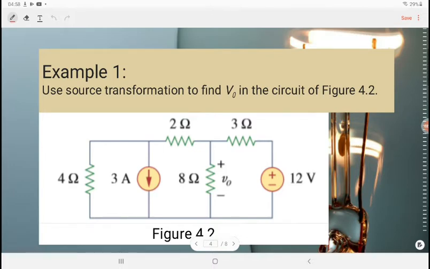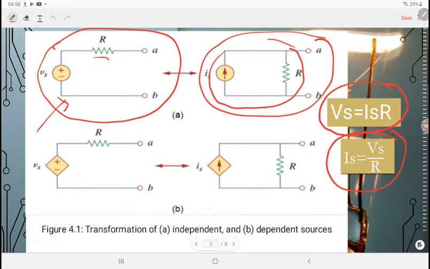The first one, the arrow of the current source must be directed to the positive terminal of the voltage source. One more thing, the value of R cannot be 0, and also cannot be infinity.